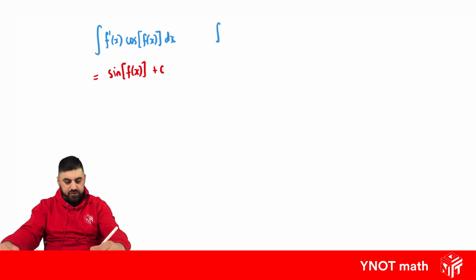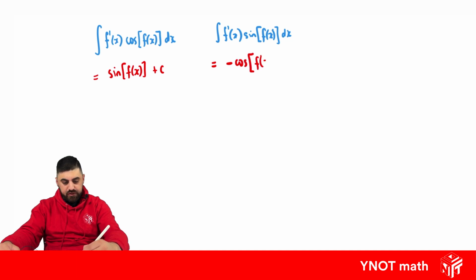If we have the integral of f dash of x sine of f of x dx, this is going to give us the minus cos of f of x plus a constant.